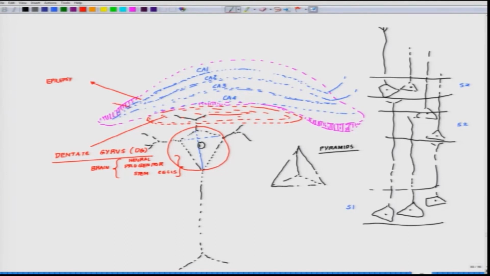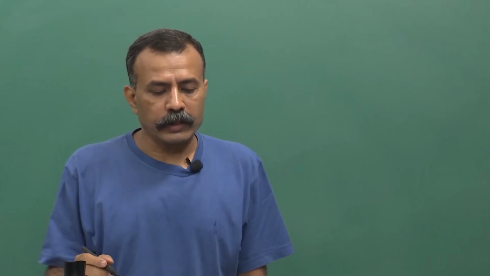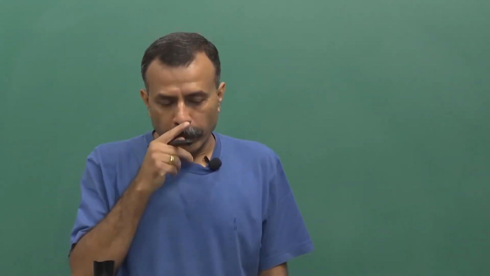Next, we will talk about AD, Alzheimer's, and third we will talk about memory. All these three things we will be dealing with in this structure. That is why I am spending significant time to explain this anatomy and its significance.